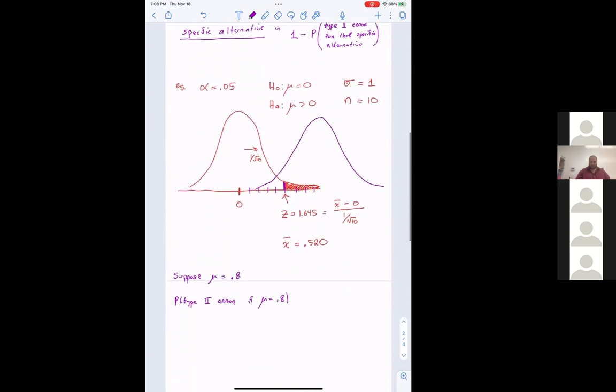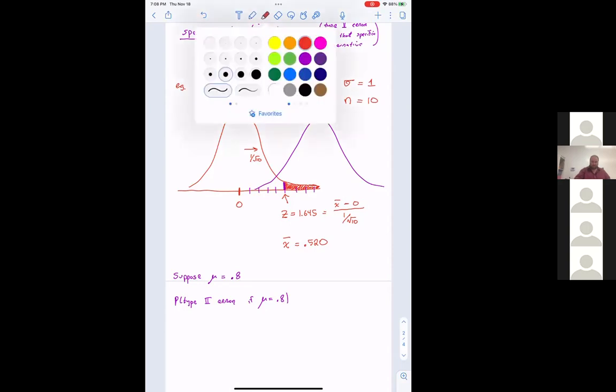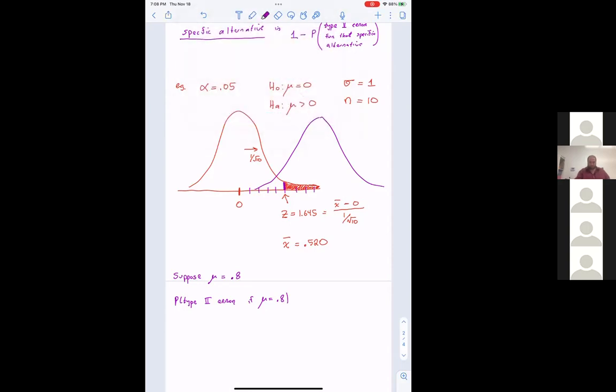Well, here it's false because it's 0.8 and I'm not going to reject it. Where exactly underneath this purple curve would I not reject it? It's to the left of 0.52. Exactly. This is my non-rejection region.